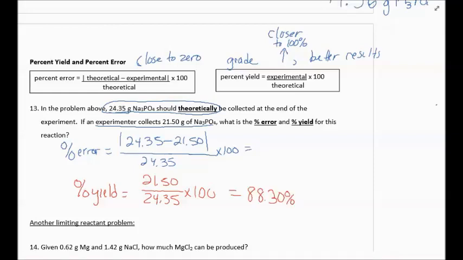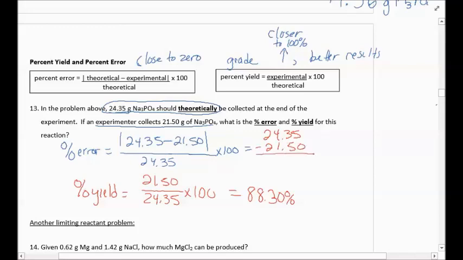So for percent yield, you should end up with 88.30. The sig figs here are pretty straightforward because both numbers have 4 sig figs, so your answer should have 4 sig figs. In the one above, you actually have to do 2 things in order to determine sig figs. You're going to do the subtraction, because addition and subtraction have the rule based on location.